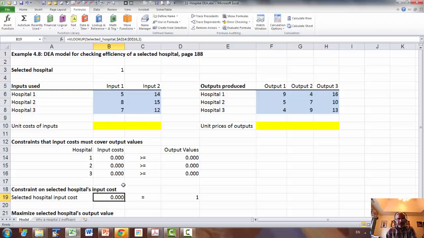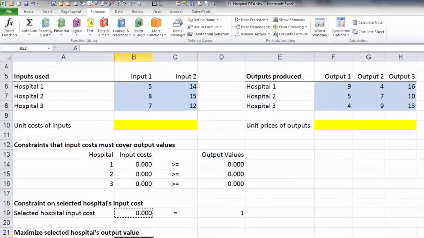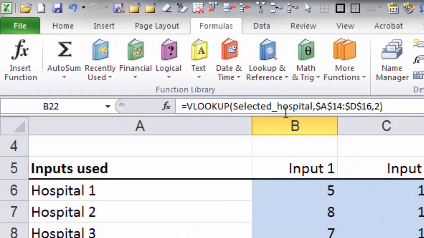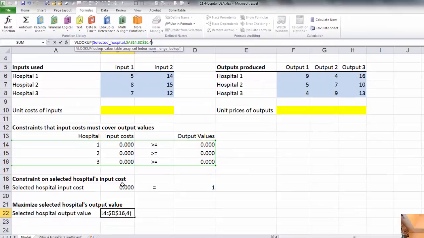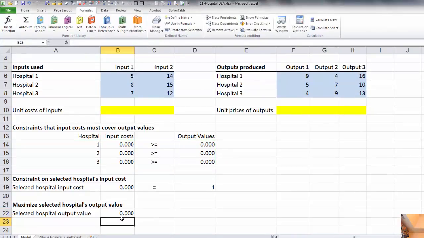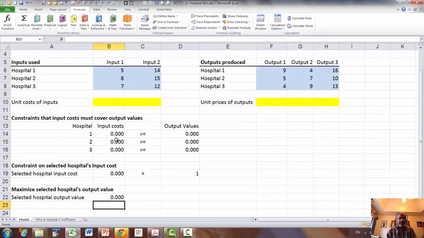Now let's copy that here. Okay, again another VLOOKUP, selected hospital, same VLOOKUP table. Here we'll change that to 4, which is the output. So here it is input, here it is output. Now we want pricing for the inputs and the outputs in such a way that the input for the selected hospital is 1.